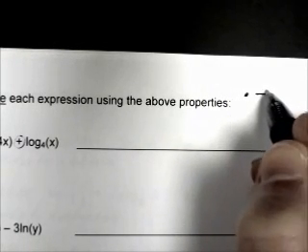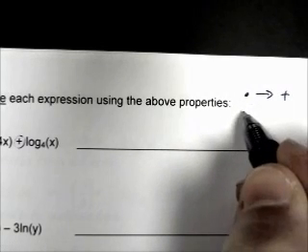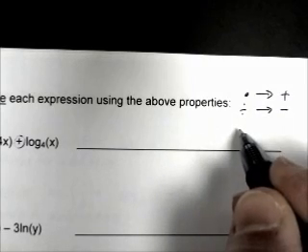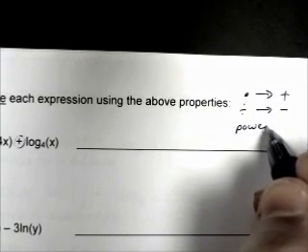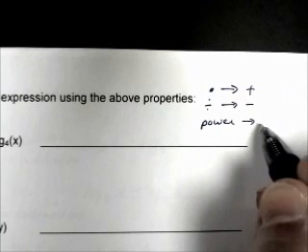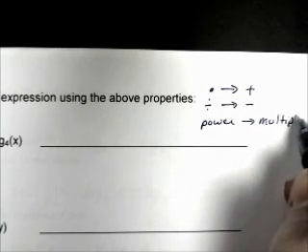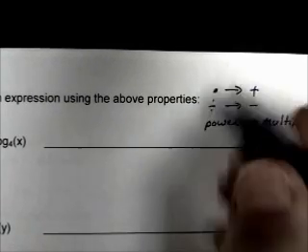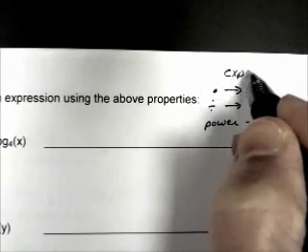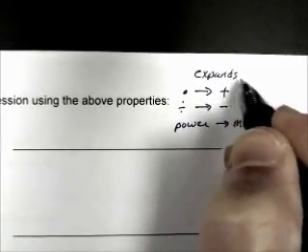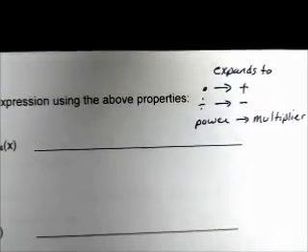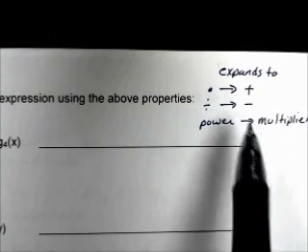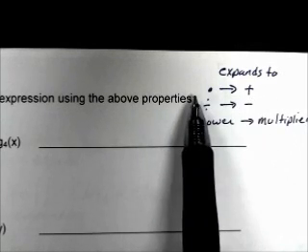Multiplication goes to addition, division to subtraction, and a power expands to a multiplier. All right, that's when we're expanding. And now we want to go in the reverse direction. So if we are in expanded form, to condense, we go the other way.